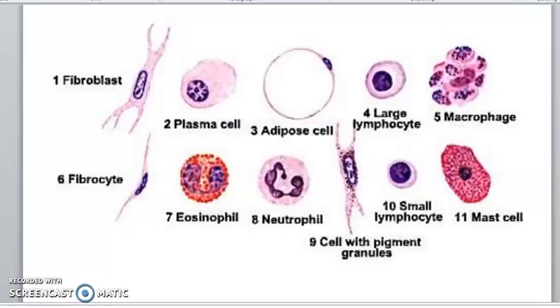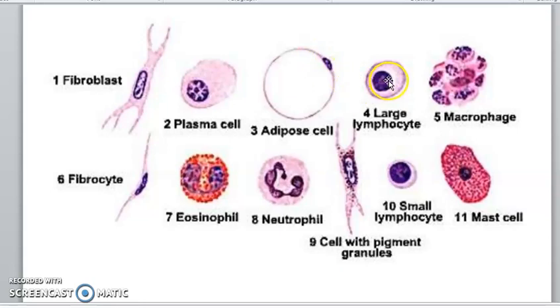Okay, so this is a diagrammatic presentation of how these cells actually appear. Look at the typical fibroblast. It's slender, with a slender nucleus. Look at the typical plasma cells, rounded with a nucleus towards the periphery. And look at the typical fat cells, or adipose cells, with the nucleus on the periphery already.